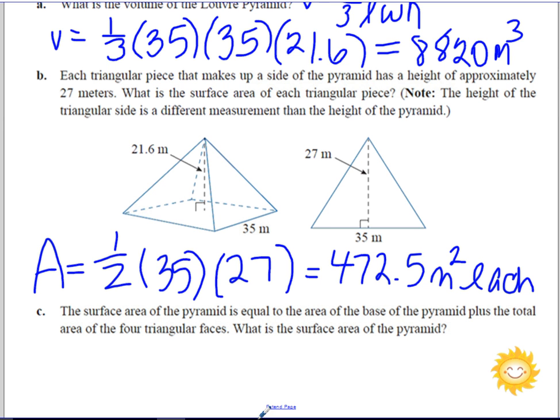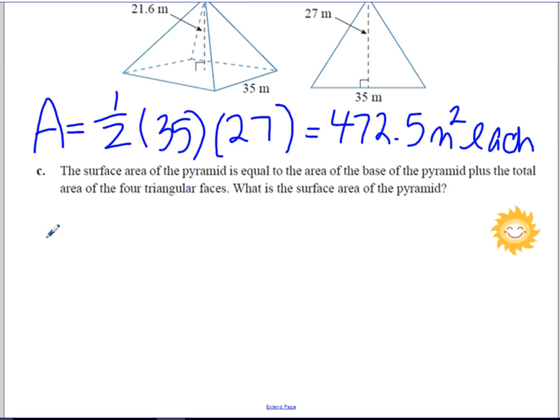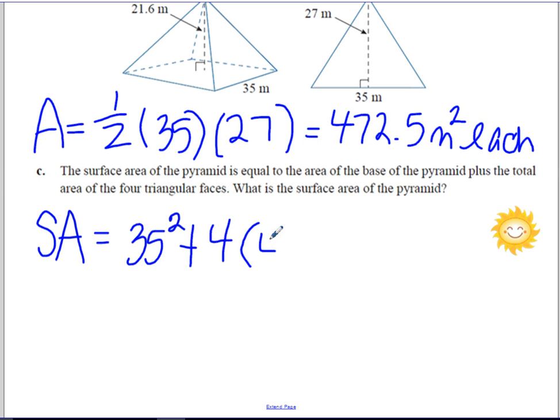And so the surface area is equal to the area of the base plus the total area of the 4 triangles. So our surface area will equal the area of the base, 35 squared. Length and width are the same. And then we have to add to it 4 of these triangles that we measured to have an area of 472.5 meters squared.